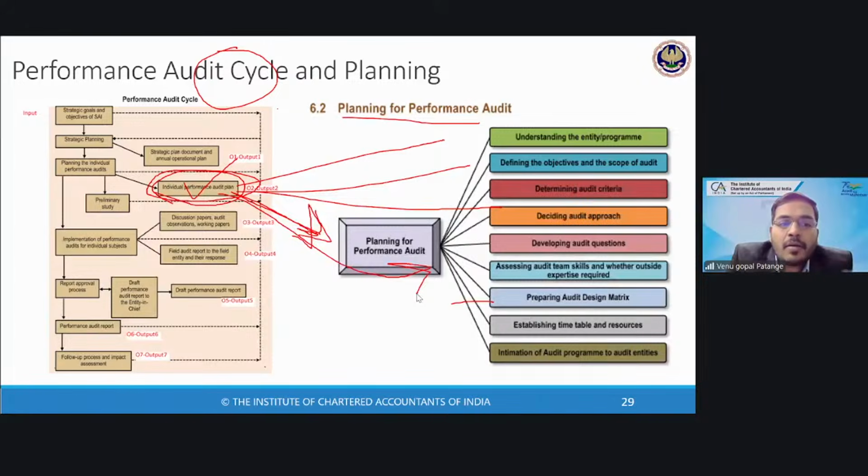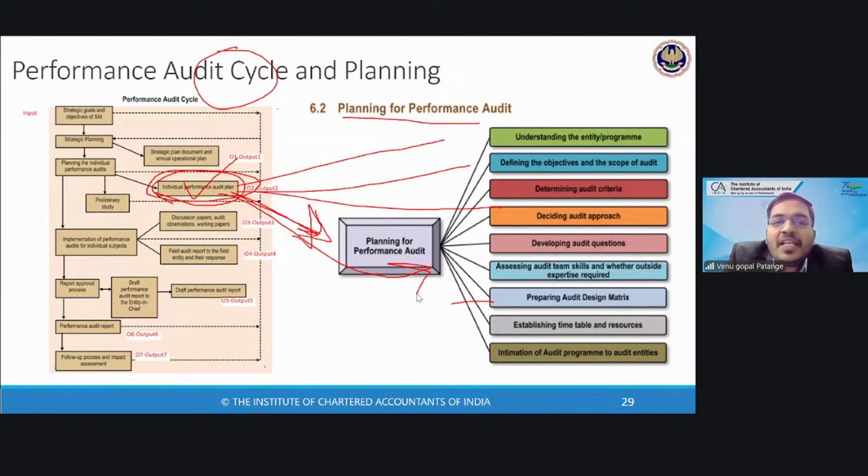plus evidence, plus data collection and analysis. Make a note of it. We'll discuss again. See, understand this.